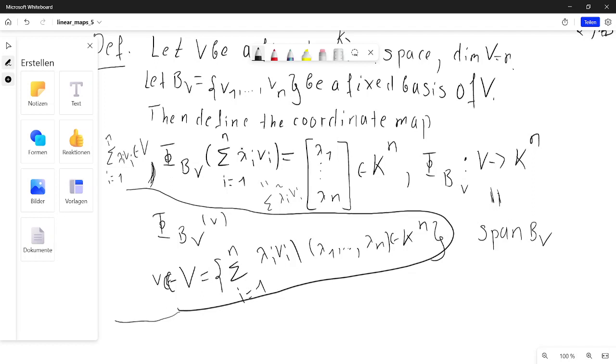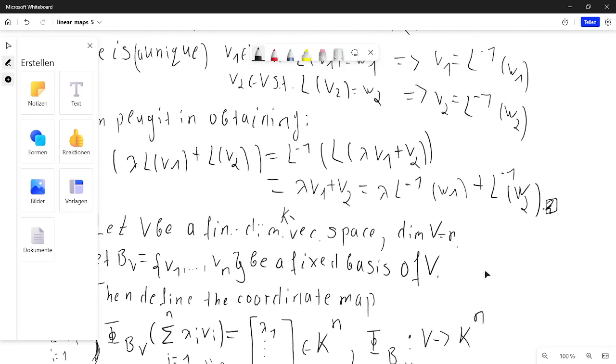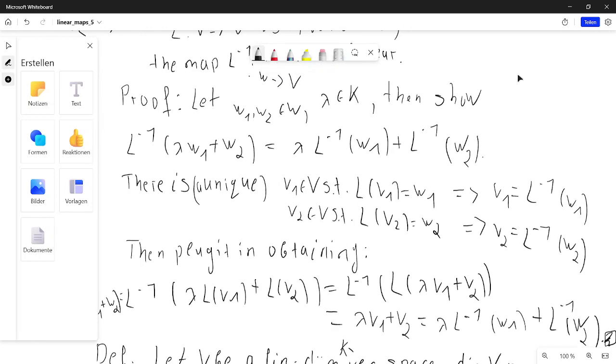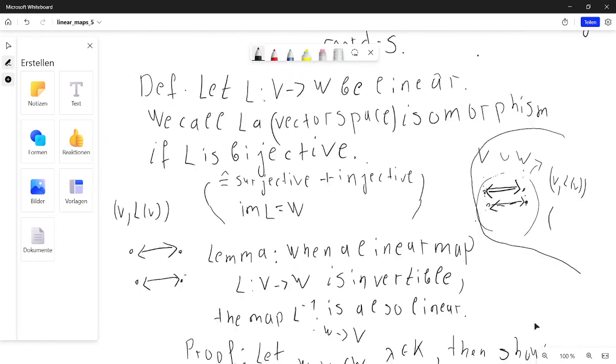It can't be that we take two different things and they become equal somehow. No, that can't be if we take different lambdas. This is just the contraposition of the lemma above, that the coordinate representations are actually unique.